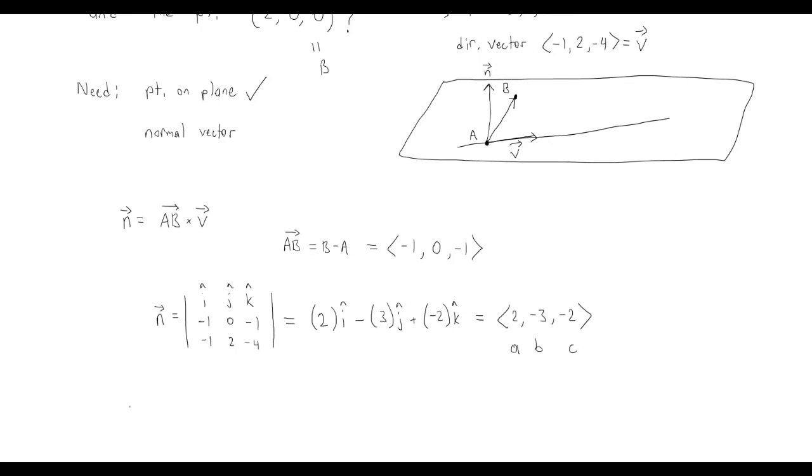And then writing out the equation of the plane, it's going to be a times x minus x naught plus b, which is actually minus 3, times y minus y naught being 0. And then plus c, so minus 2, z minus z naught, which is 0, equal to 0.